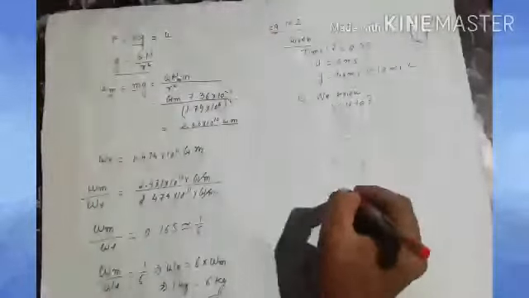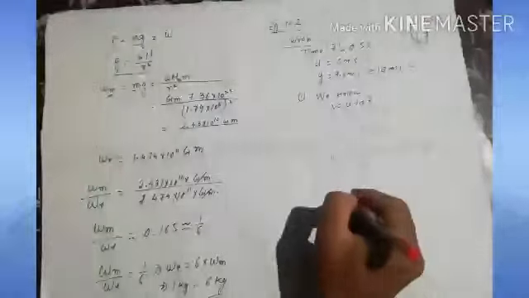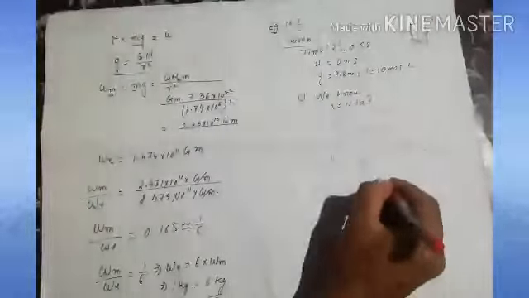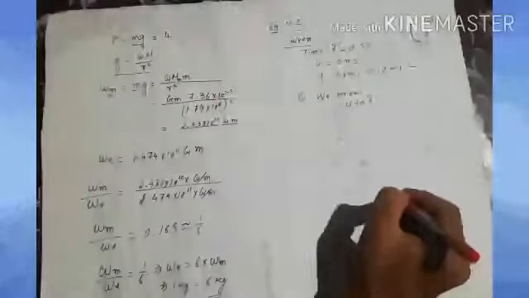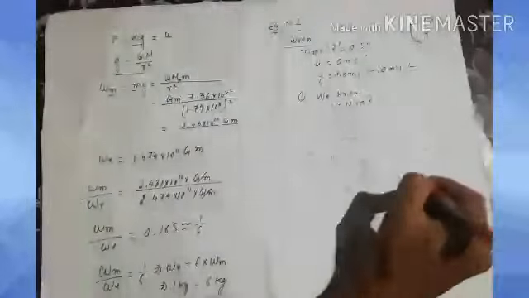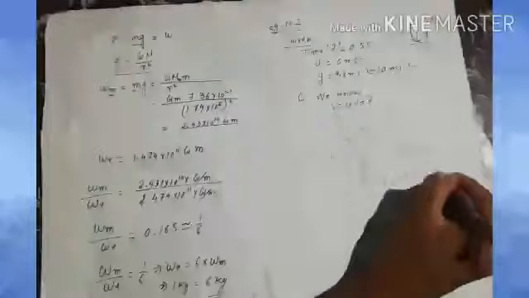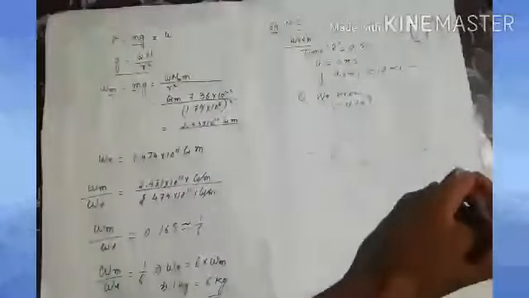Now we know that s equal to ut plus half at square. This a we can replace with g, so s equal to ut plus half g t square.